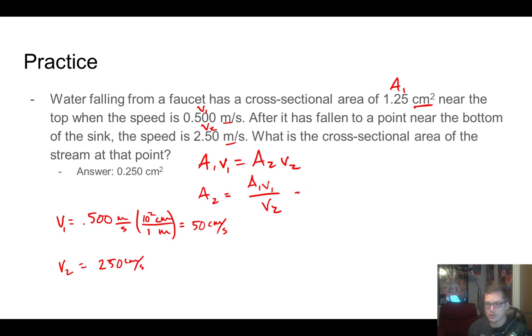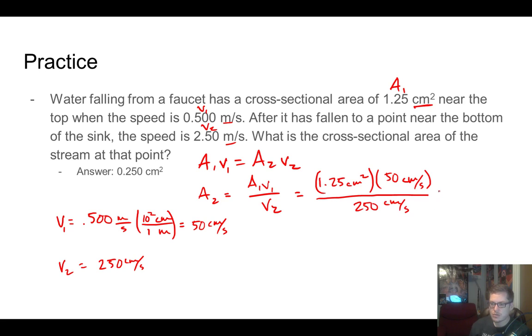All right, now we can plug these in. Our area 1 is 1.25 centimeters squared, V1 is 50 centimeters per second, and V2 is 250 centimeters per second.